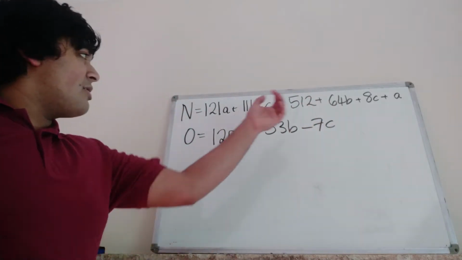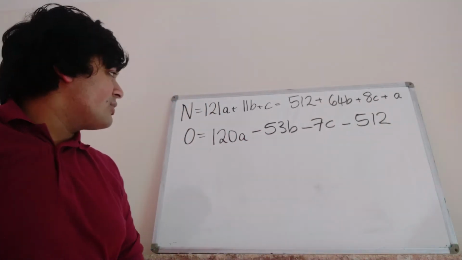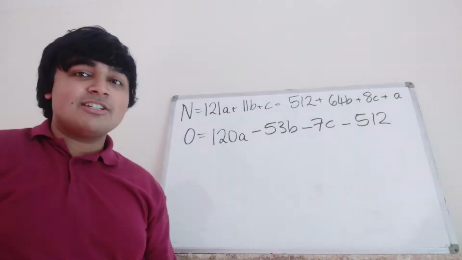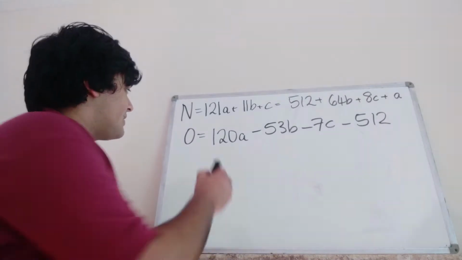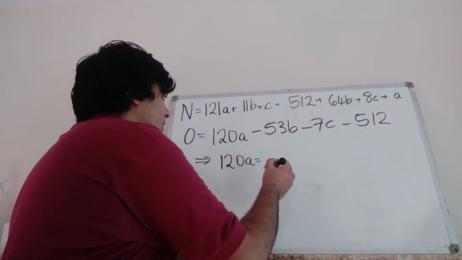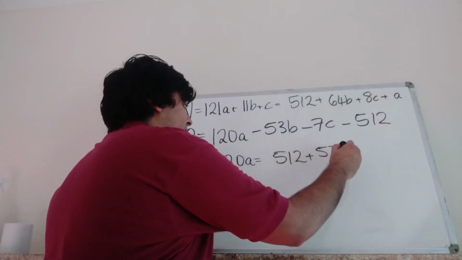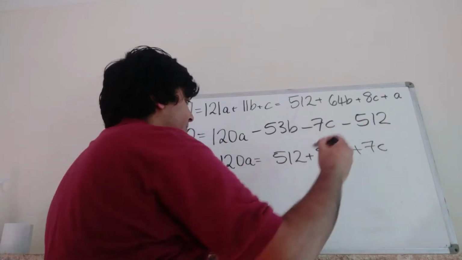And 0 minus 512 is minus 512. We put all the negatives on the other side by adding them, and we get that 120a is equal to 512 plus 53b plus 7c.